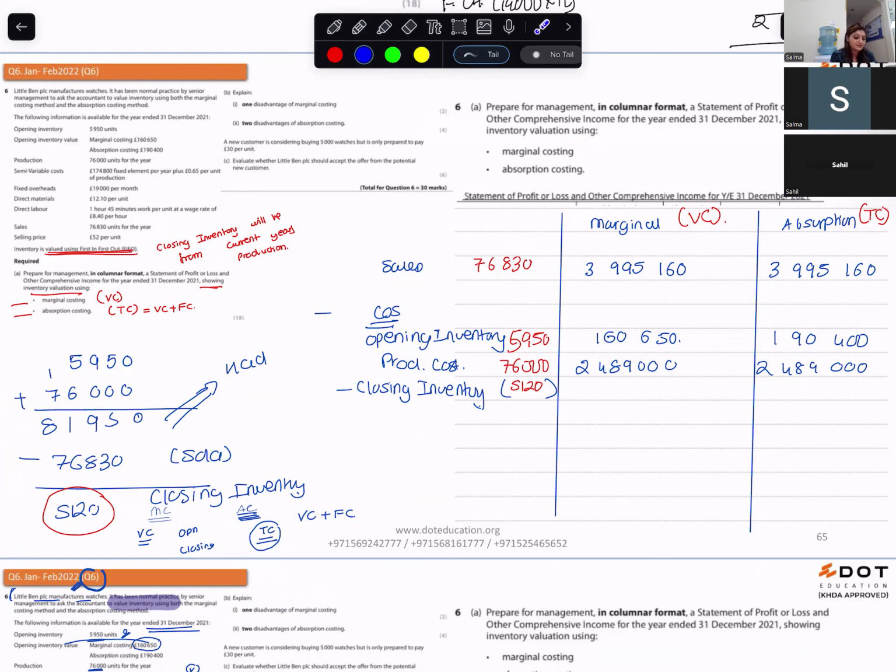I just have to divide them. 2,489,000 divided by 76,000. That becomes per unit, 32.75. So for 5120 units, it will become how much?